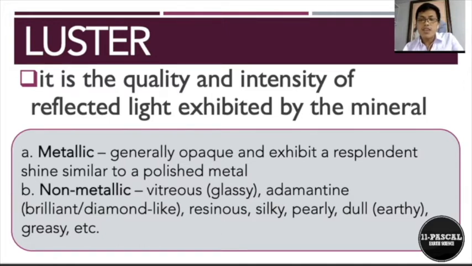Metallic is generally opaque and exhibits a resplendent shine similar to a polished metal. So it can be metallic and shiny, or non-metallic and dull or earthy. Generally, the first thing you notice when identifying an unknown sample is its metallic luster. For example, pyrite.